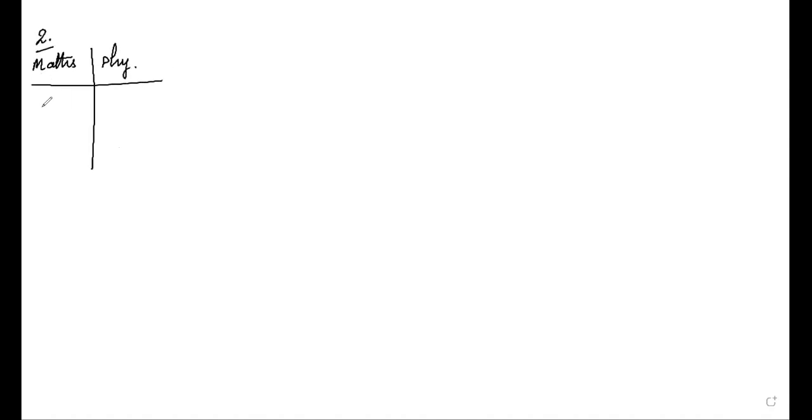The first student has got 8 in maths and 84 in physics. The next student has got 36 in maths, 51 in physics. The next student 98, 91, seems to be a good student. And next is 25, 60.